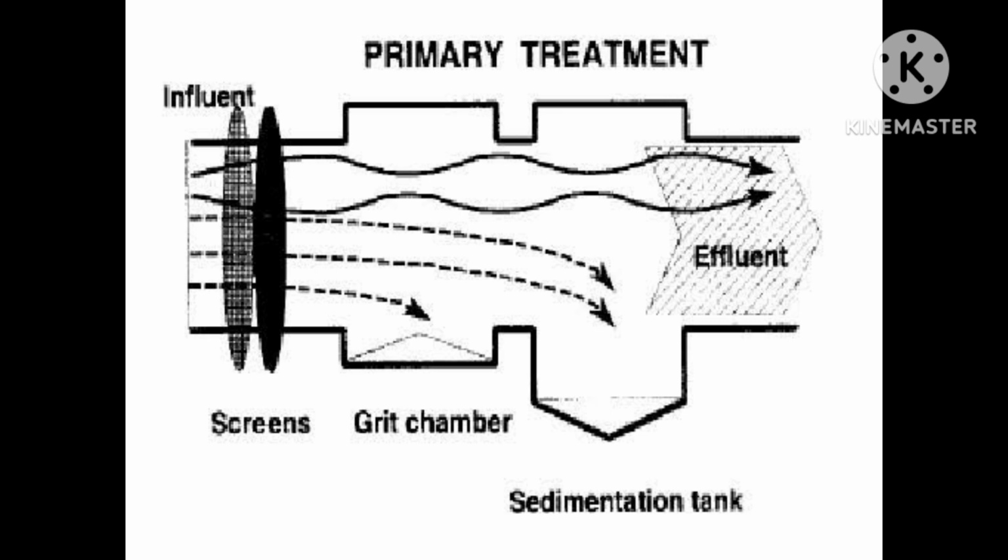After the process is complete, the effluent, we can say, after the process is complete, meaning mixing is over, the effluent is sent to a sedimentation tank where sludge is deposited and water free from organic matter is drawn off.